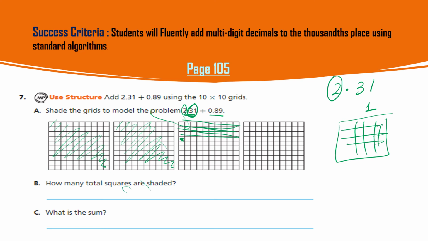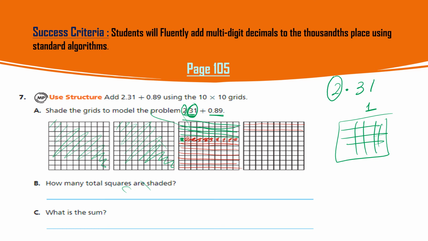How can you add it? Let me just take the other one. 89. Okay, so let's see here. This is 10, 20, 30, 40, 50, 60, 70, 80 and 9. Look here, this is empty, right? 1, 2, 3, 4, 5, 6, 7, 8 and 9.